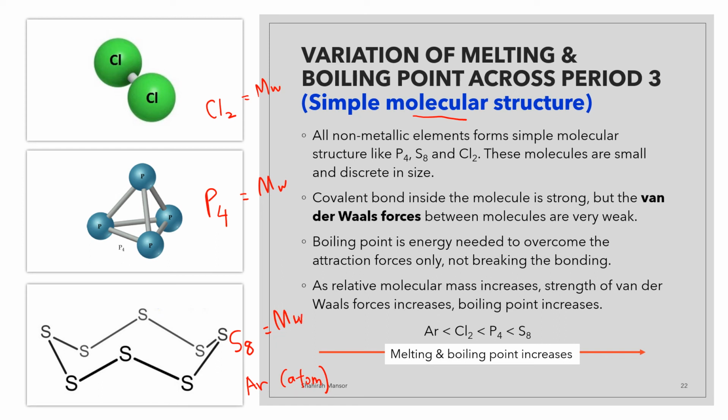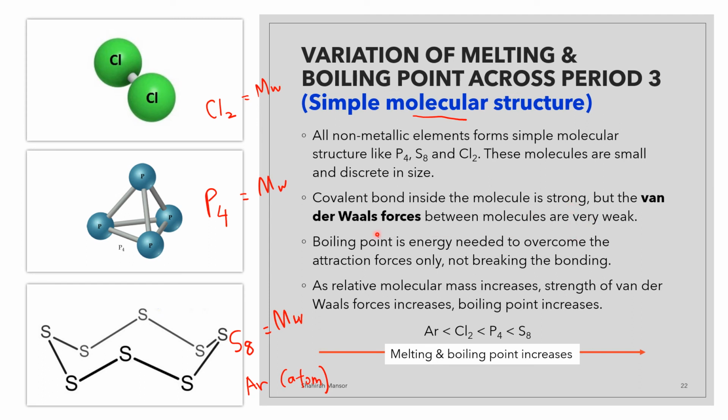So di sini non-metallic elements will form simple molecular structure like P4, S8 and Cl2, and these molecules are small and discrete in size. So di dalam Cl2, di dalam P4 dan di dalam S8, they have covalent bonding. And the covalent bonding inside them adalah very strong.